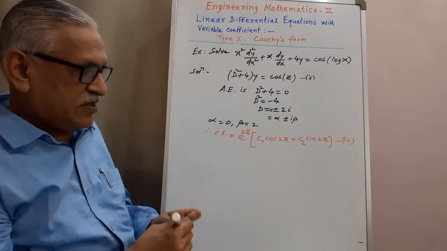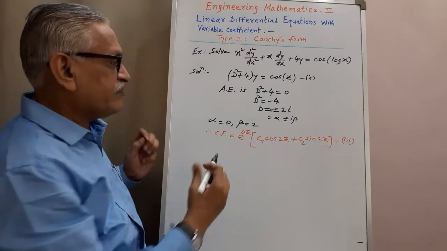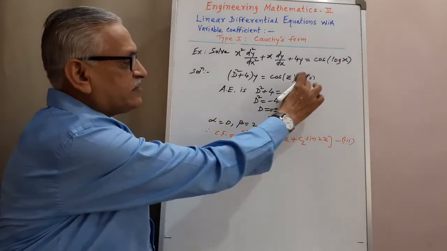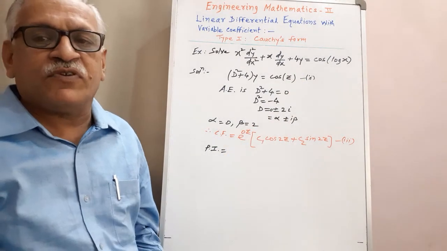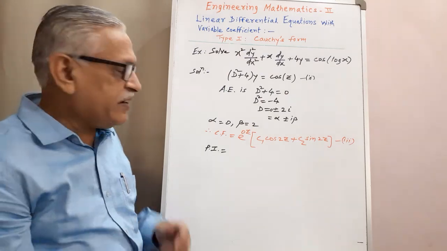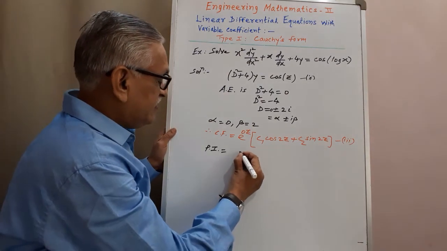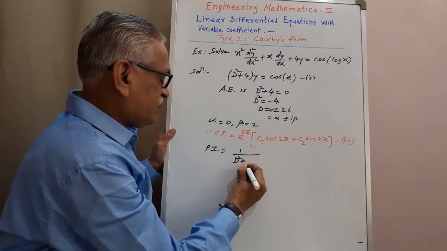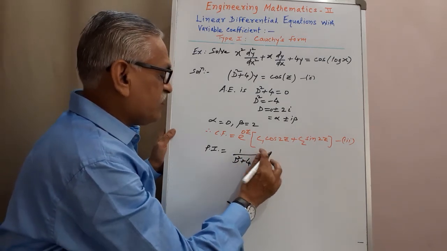That is CF. Then PI is obtained; the term on the right hand side is of cos type, therefore it becomes case number 2 for PI. Applying that technique, 1 upon f of D, here it is D square plus 4, which we have to operate on cos z.